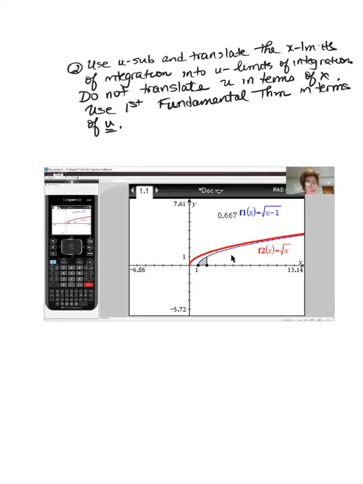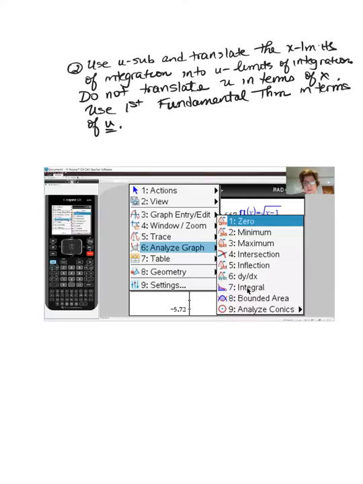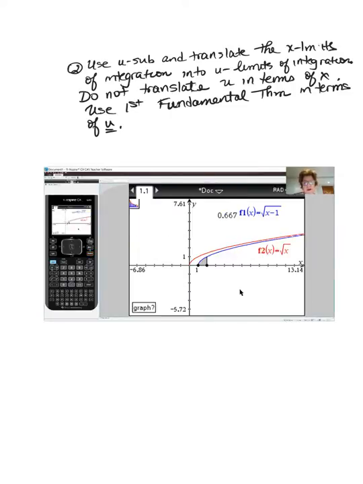So let's see. So we'll do menu, analyze graph, integral, and type in. Oh, now it's asking for which graph, because we have more than one graph here. So I'll just highlight graph 2. Lower bound 0. Upper bound 1.